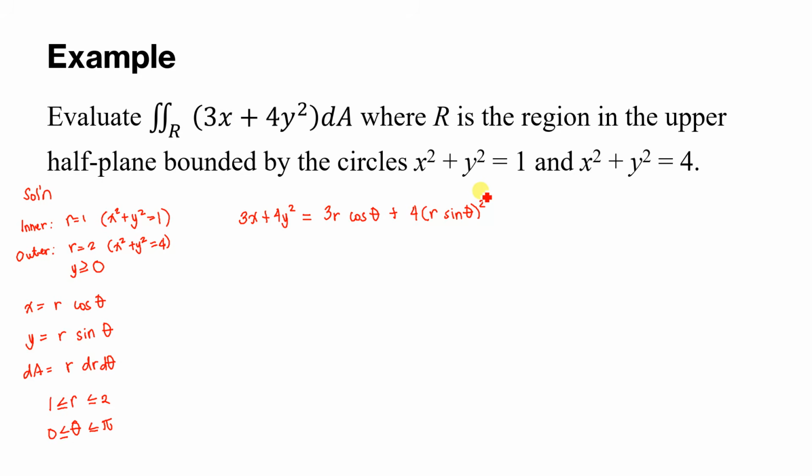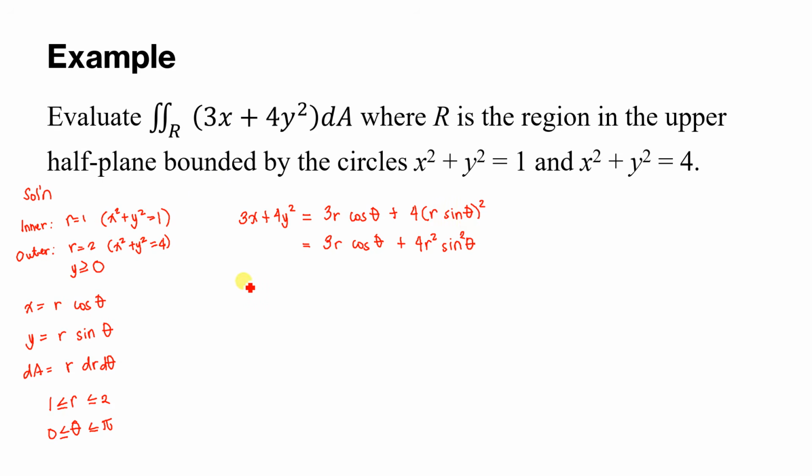So in other words, we could have the integrand as 3r cosine theta plus 4r squared sine squared theta rather. Okay. So in this case, we can now set up our integral.